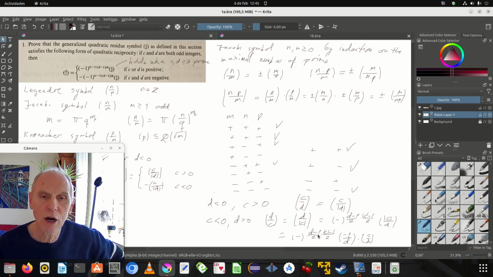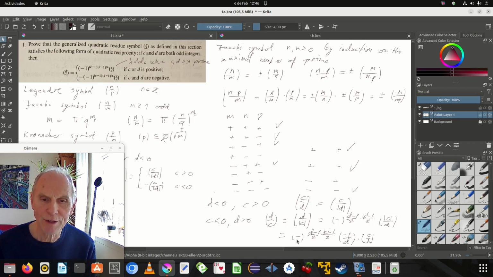If this is odd, then this changes parity, but then this becomes minus 1, because then d is equivalent to minus 1 modulo 4, so this gives minus 1.